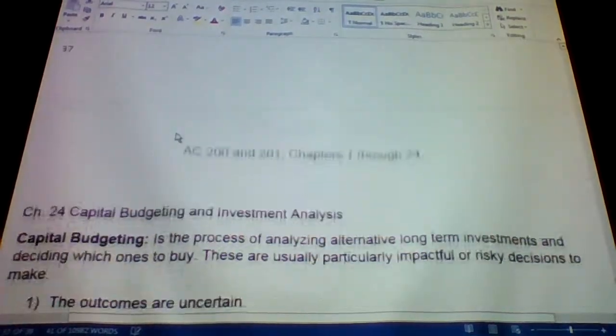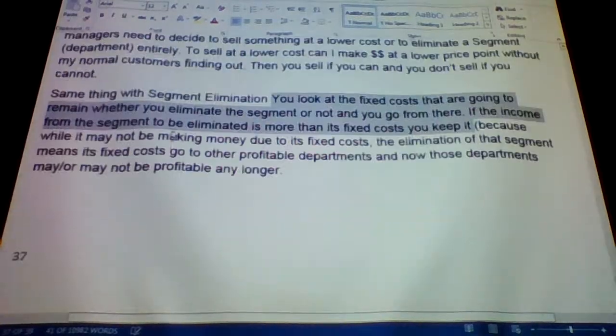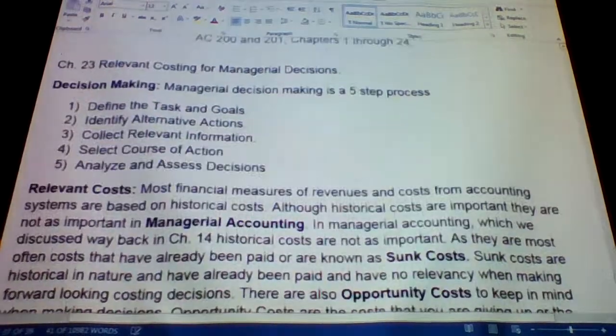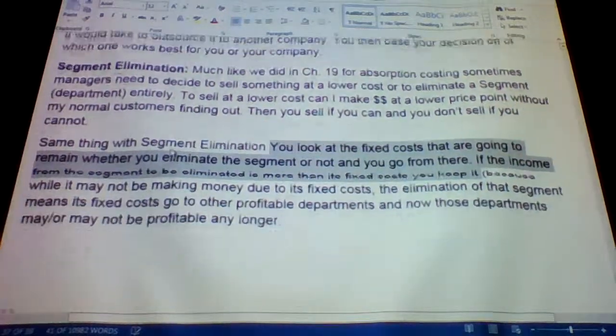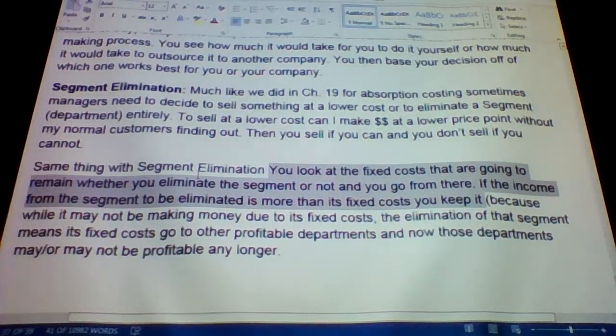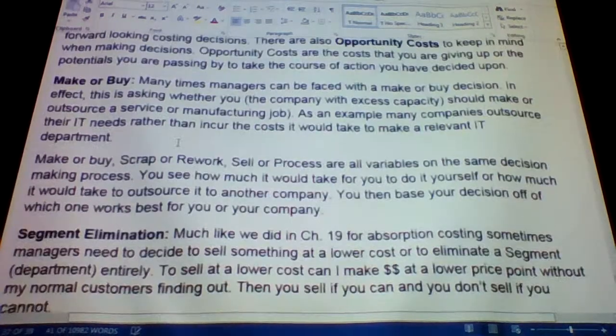Anyways, okay, so that looks like that's chapter 23. Most of this we've covered in chapter 19. You can go to the CoLAT Space Tutor Lab YouTube stream, pull up chapter 19 in absorption costing, and it'll go over a lot of this same stuff that you're looking at in your book.